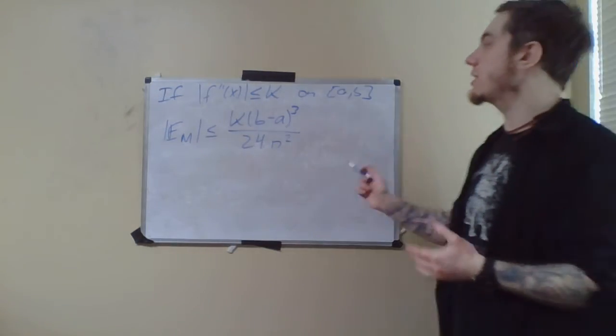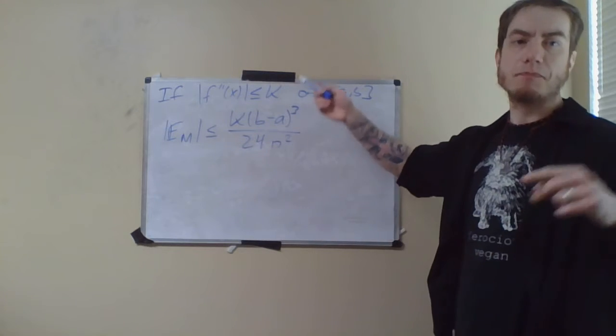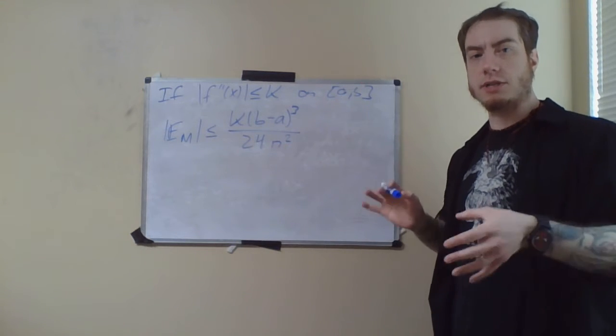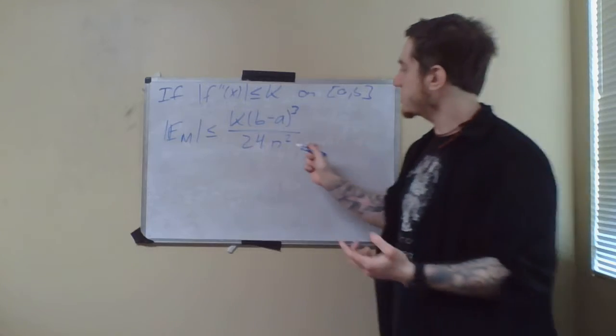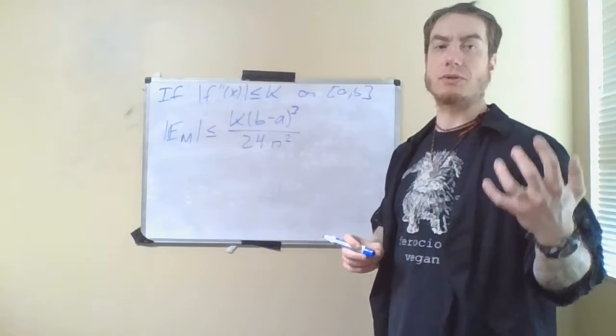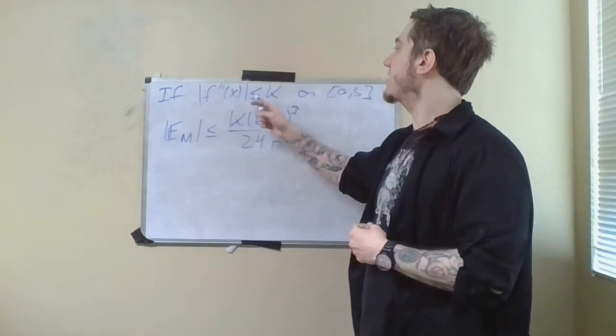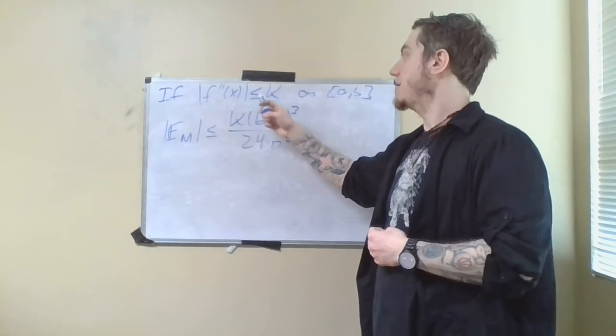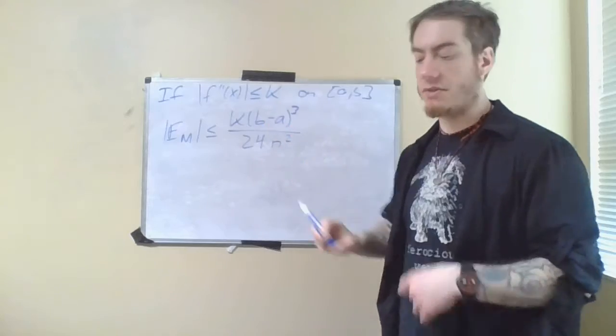This is a very nice result, in the sense that if we know our tolerance for error, this tells us how to pick n so that we are within that tolerance, as long as we can find this bound on the second derivative.